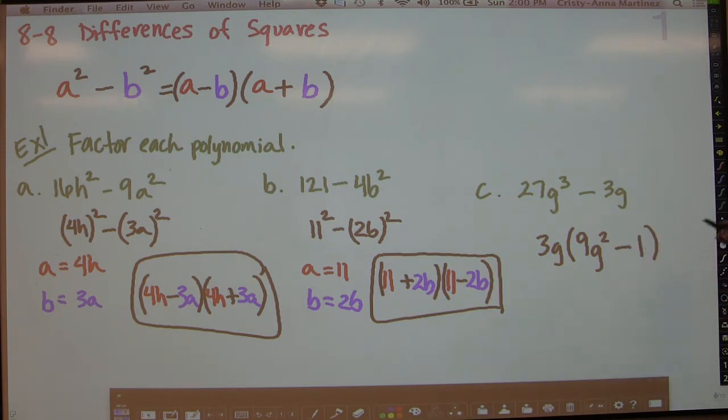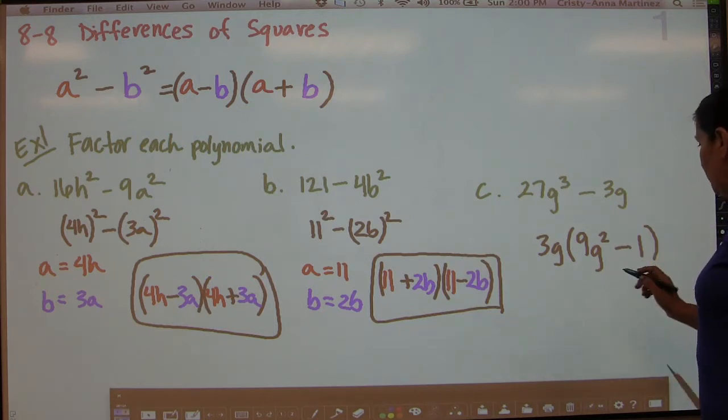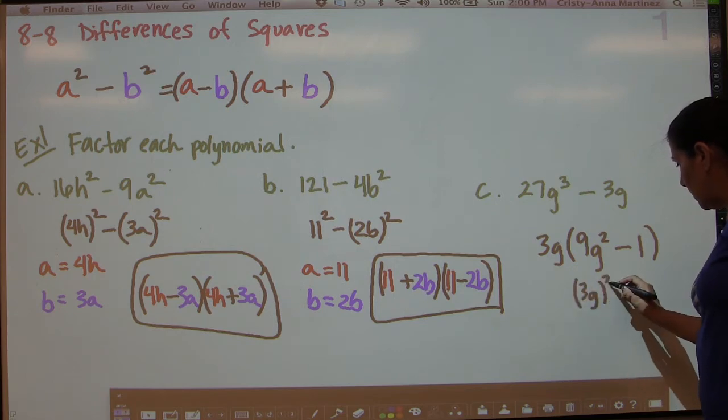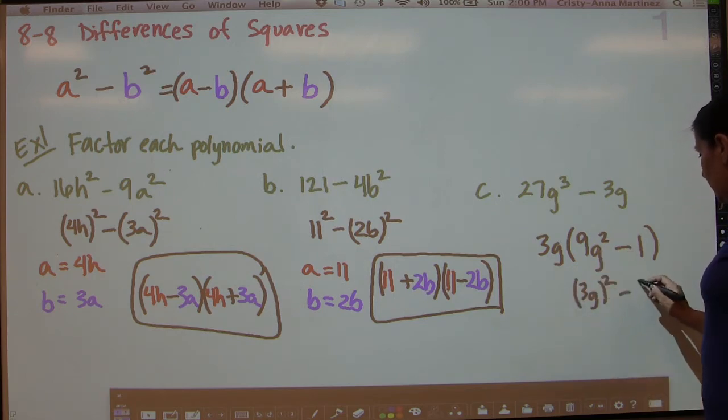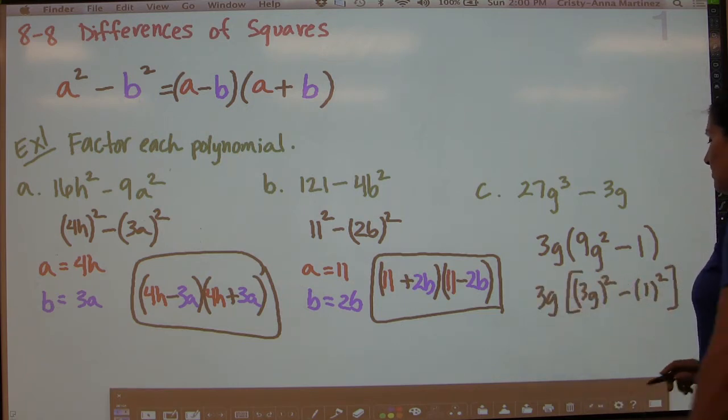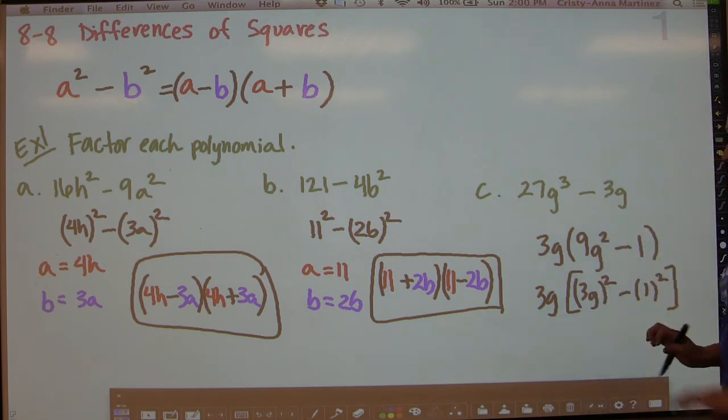So what you want to do in this case is when you write out your A and your B, you're going to have 3g squared for the 9g squared minus 1 squared, and then the 3g out here. So obviously the 3g is not going to be part of the formula, but what's inside these brackets is part of the formula.